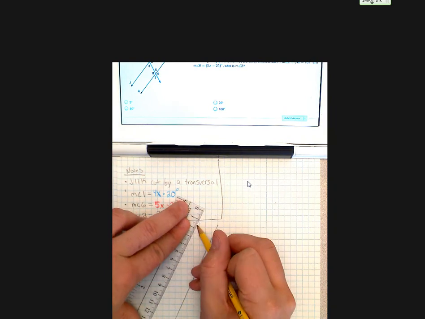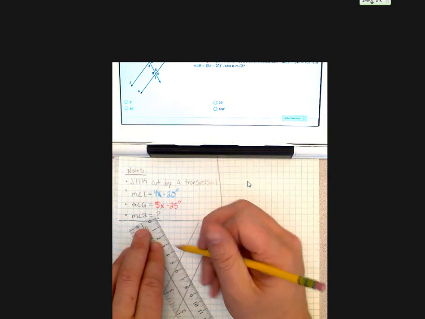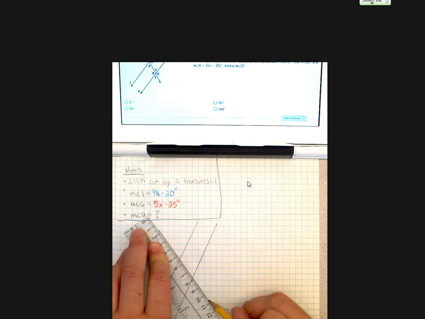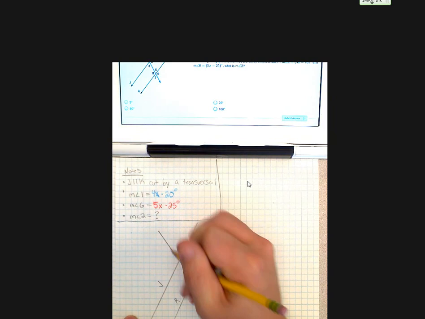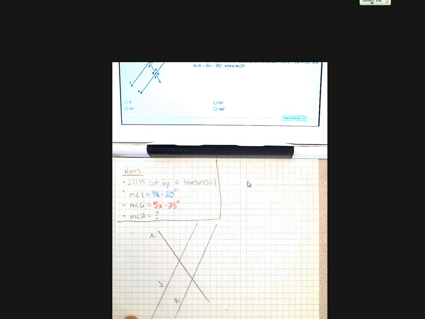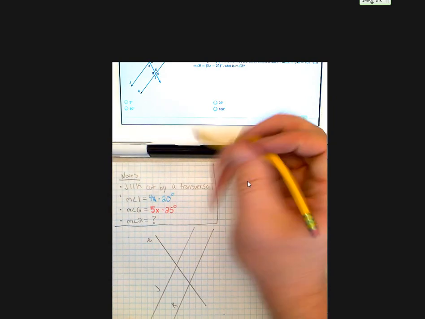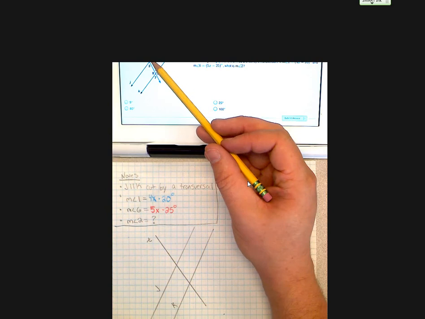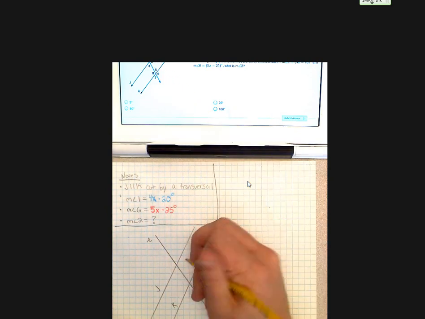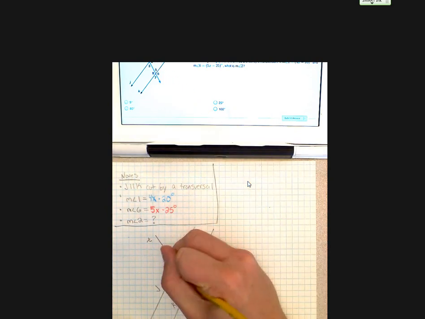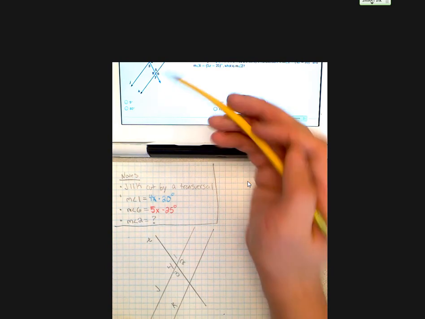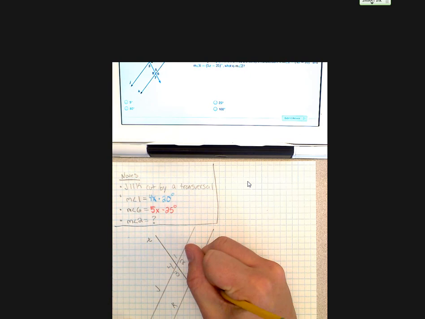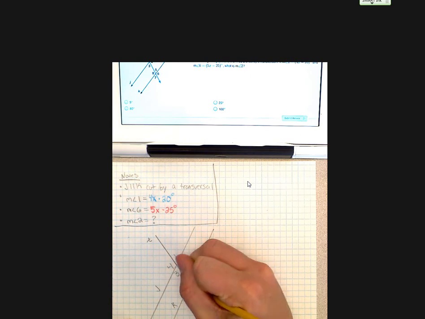Try to make parallel lines as best I can, cut by a transversal T. So I can call this line J, line K, and line T. And then let's see, how do they number the angles? Angle 1, 2, 3, 4. 1, 2, 3, 4. And then 5, 6, 7, and angle 8.